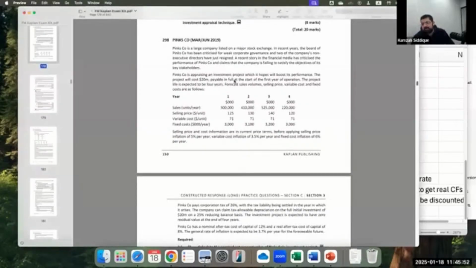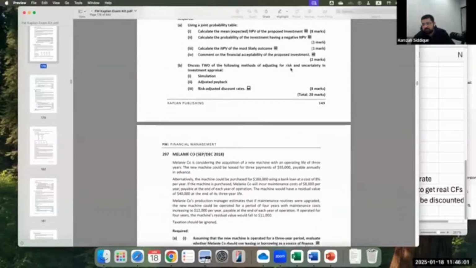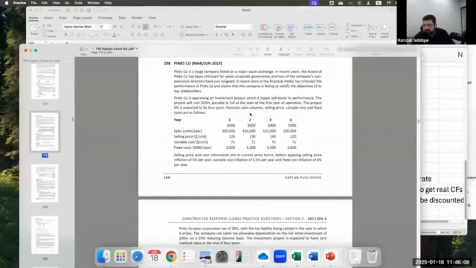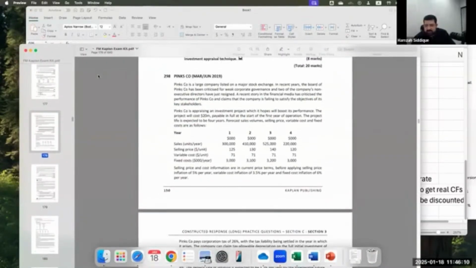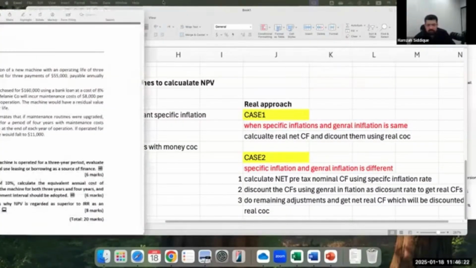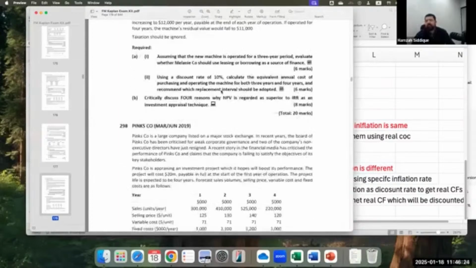Pink Company is a large listed company on a major stock exchange. Just a minute, please. It is not being clicked. Yes.